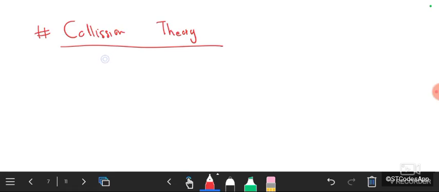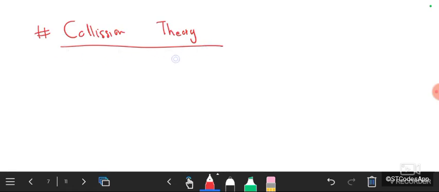Sometimes the collisions that are there in that reaction are not enough. Just because you have collisions does not mean it will result in a reaction. A collision needs to meet certain criteria for it to make a reaction. So, for us to understand our reactions and the rates of reactions, we explain it using the collision theory.